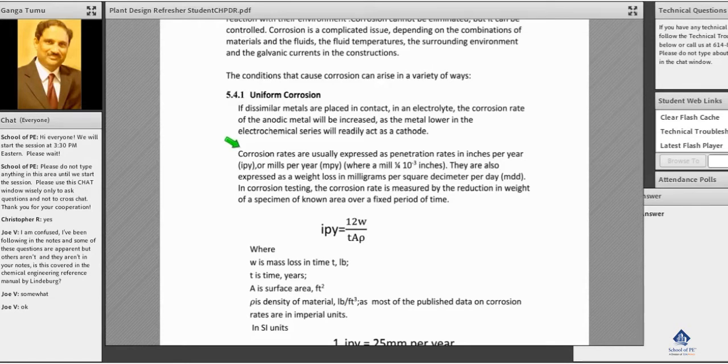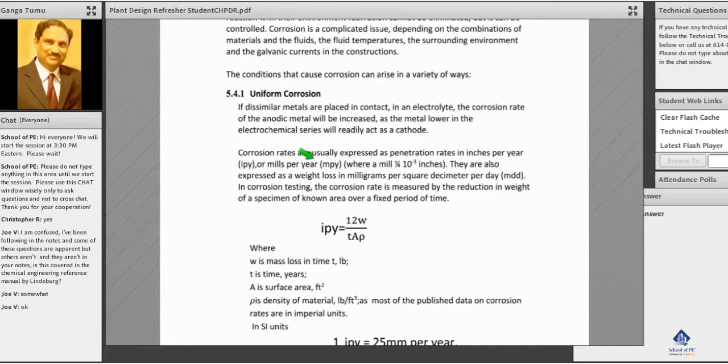So anodic and cathodic reactions create the corrosion. Corrosion rates are usually expressed as penetration rates in inches per year, IPY, or mils per year, MPY.